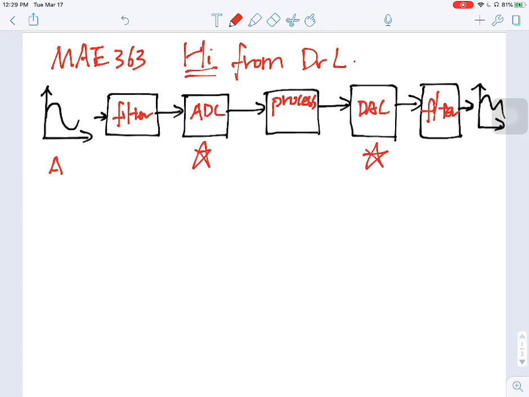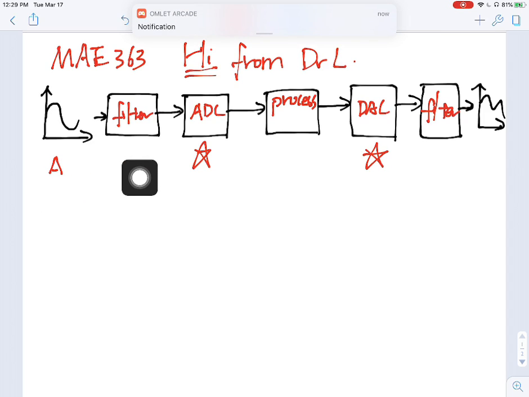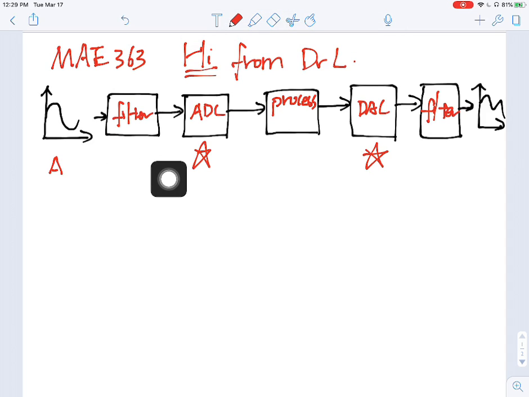So last time we talked about the data processing system, a general data processing system. You have an analog input, which can be a voltage signal or current signal, and that signal goes through a filter to get rid of the noise, and then it gives you a much smoother analog signal.